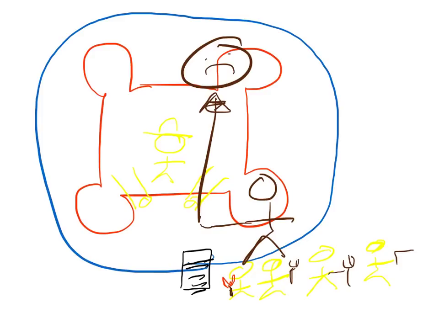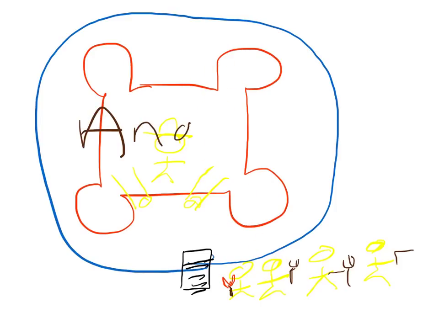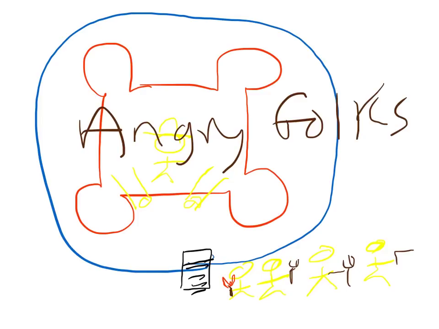At this point, it is important to remember that Paris at that time has lots and lots of angry folks. They are very, very hungry. They're hungry because there's been some bad harvests. They are poor.